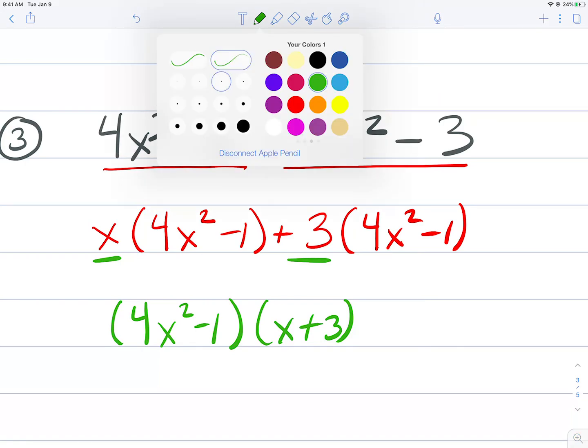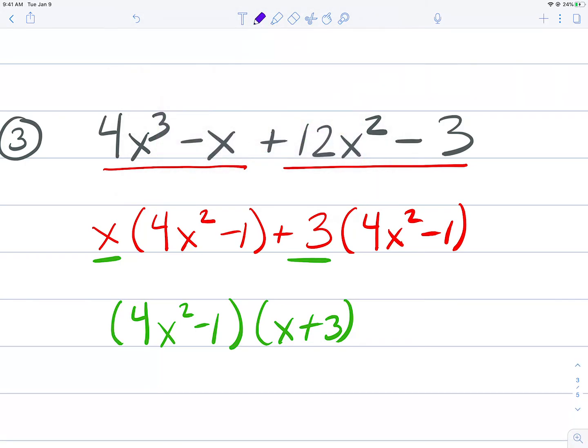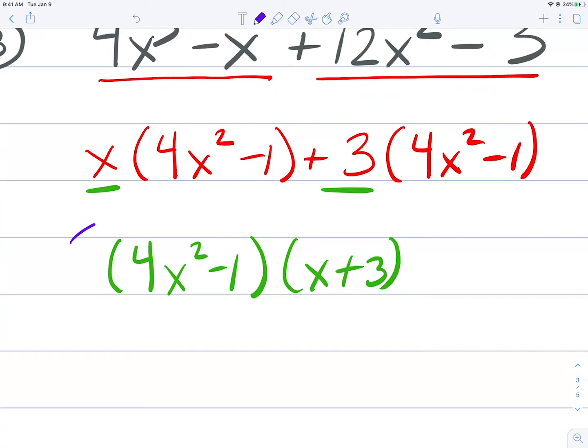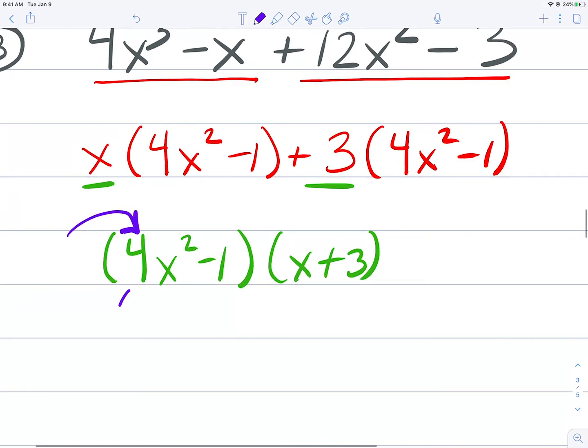Now, you're going to come across this today and tomorrow. This answer is actually not finished because if we were to take that set of parentheses and go through the factoring flowchart, there is no GCF, there are two terms, and it is a difference of two squares because this is a 2x squared and this is a 1 squared.